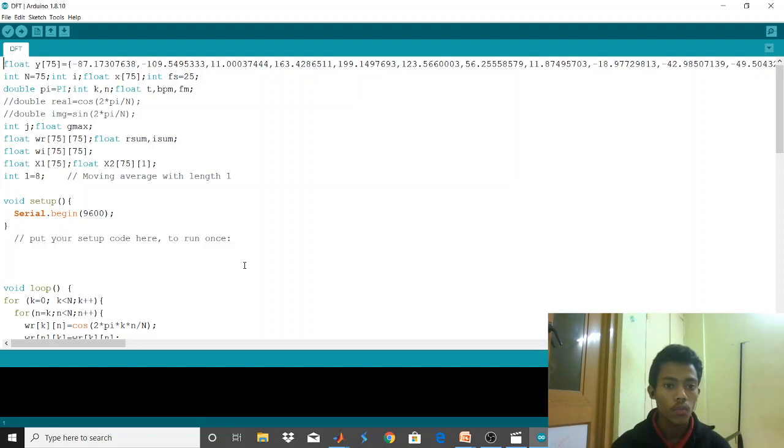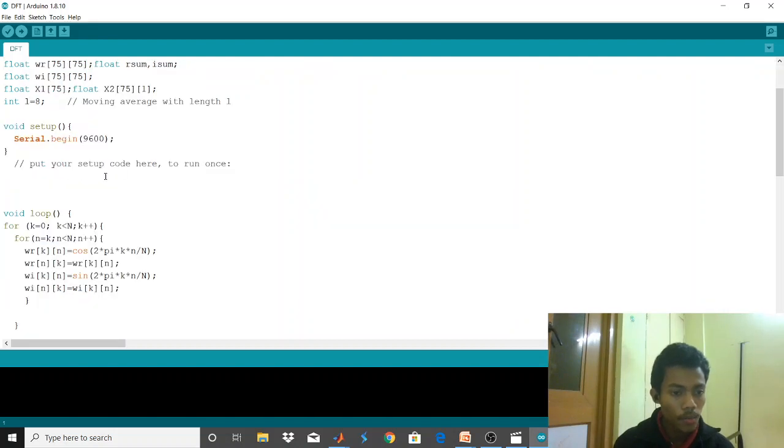Since in Arduino we cannot directly use complex numbers, I am dividing my W matrix into a real part and an imaginary part. In the real part I will find the cosine terms, and in the imaginary part I will find the sine terms. This is my W real where I will find cosine terms. This is my W imaginary where I will find sine terms. And this is my capital X of 1, my Fourier DFT.